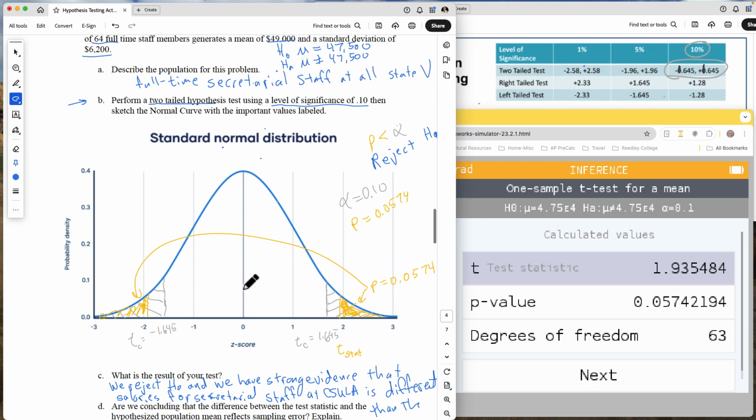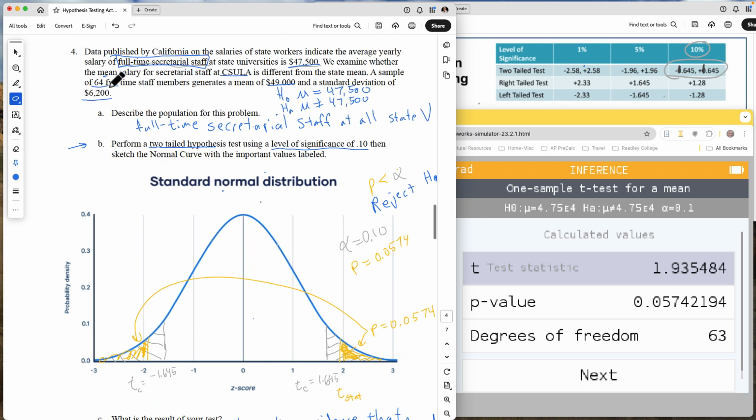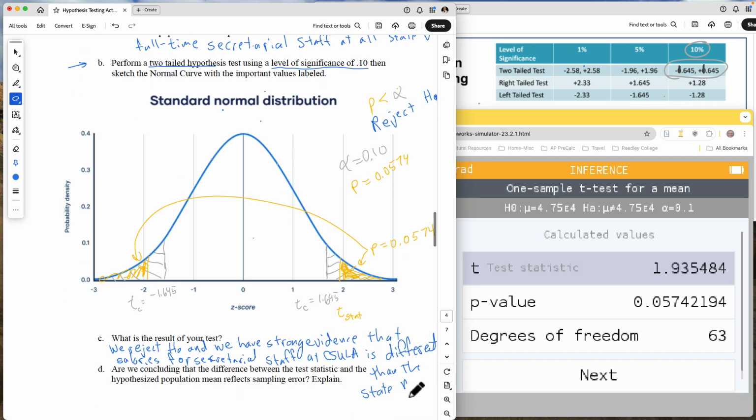We took that right from here. This is the mean salary for secretarial staff at CSULA, and it is different than the state mean. Okay.